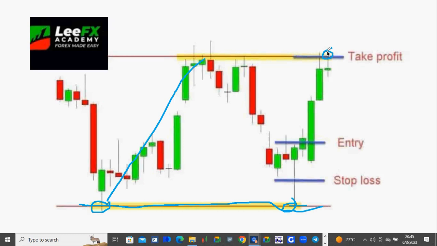So you put your take profit on resistance, or just a little bit below resistance. So your entry was here on your support, then your take profit was there on resistance.